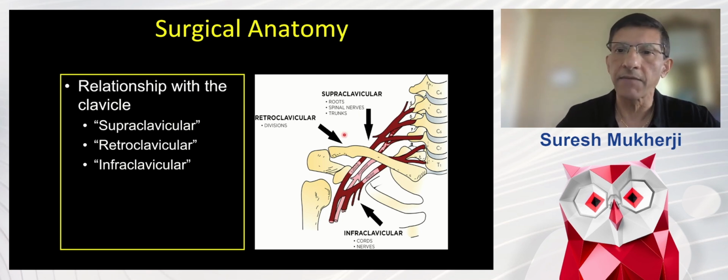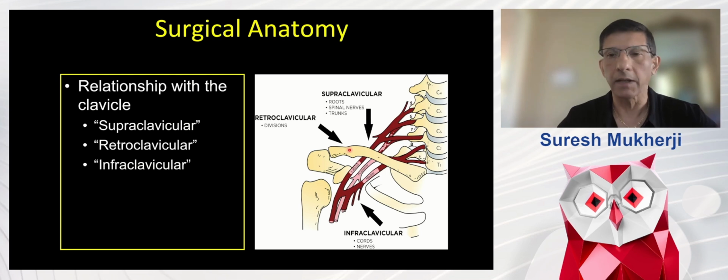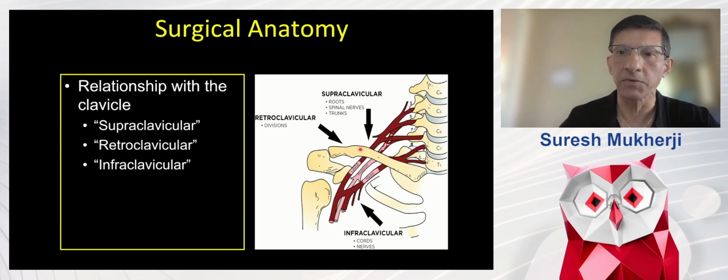Now, the surgeons have their own anatomy. So if you are working closely with head and neck surgeons or potentially neurosurgeons that sort of live in the brachial plexus, they divide the brachial plexus into a supraclavicular brachial plexus, a retroclavicular brachial plexus, and an infraclavicular brachial plexus. And obviously, this is named by the relationship of the clavicle.